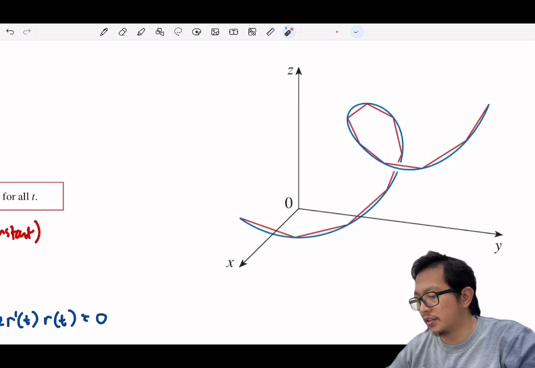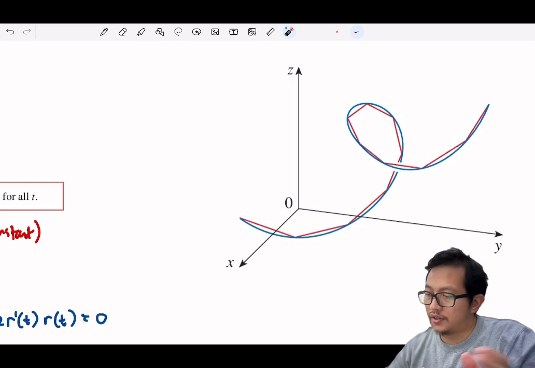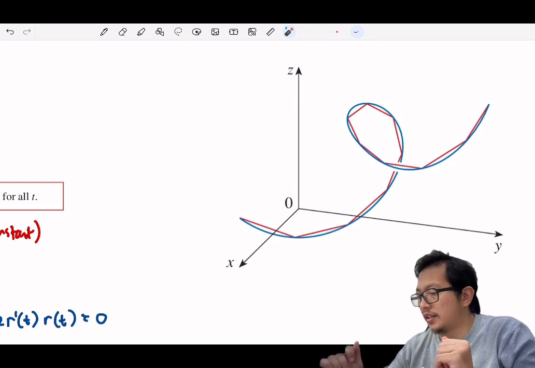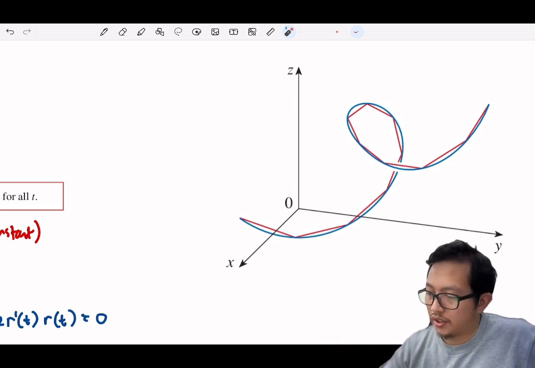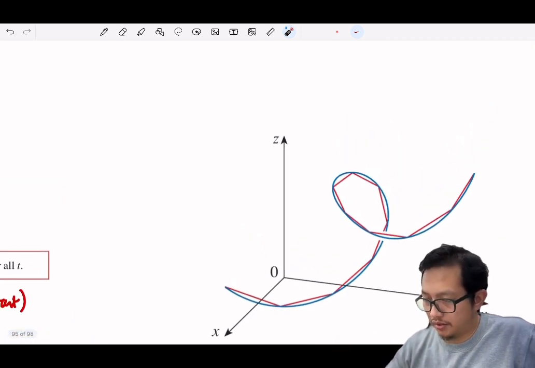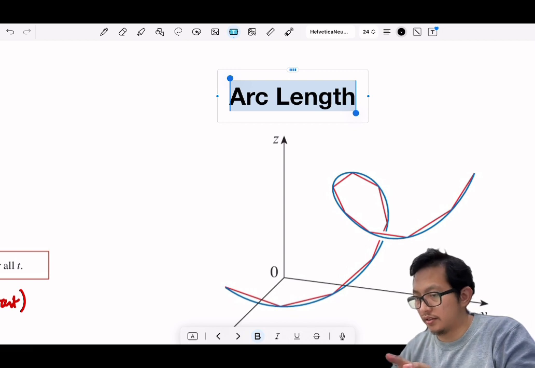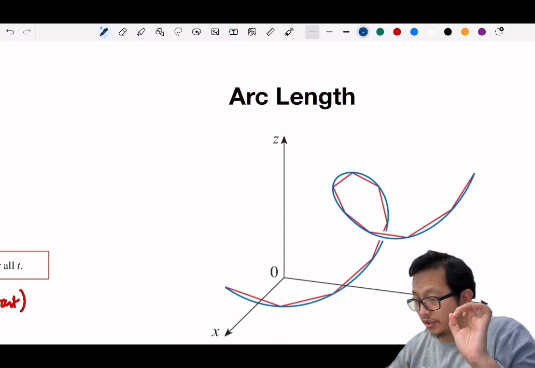The smaller the distance between those points, the closer the red line gets to the blue line, closer and closer. So let me write here, this is about the arc length. We are expecting to measure the length that we put the dots, right?